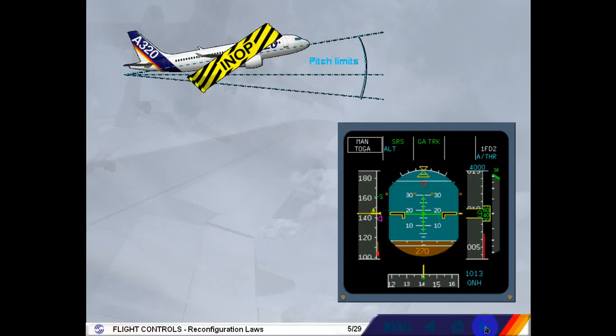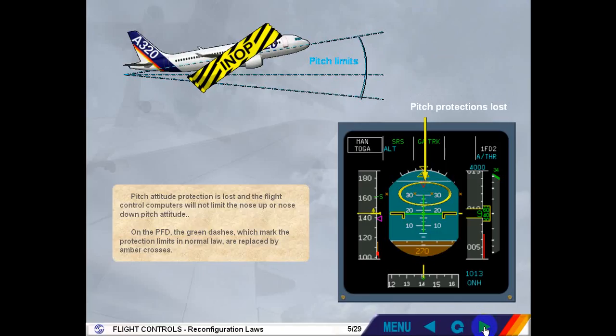Pitch attitude protection is lost, and the flight control computers will not limit the nose up or nose down pitch attitude. On the PFD, the green dashes, which mark the protection limits in normal law, are replaced by amber crosses.